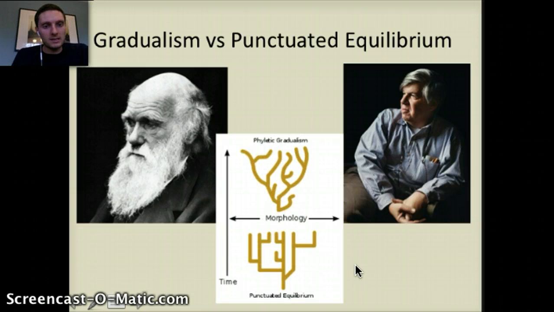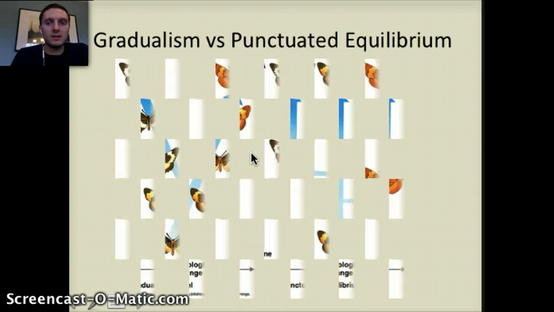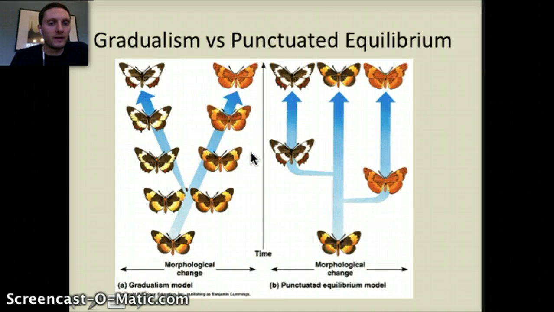If we look at a phylogeny, a tree, to demonstrate this punctuated equilibrium, you would see very abrupt and specific branching patterns, whereas with gradualism, we're going to see a little bit slower and a little bit less distinct branching. So let's look at that as an example with butterfly colors here.